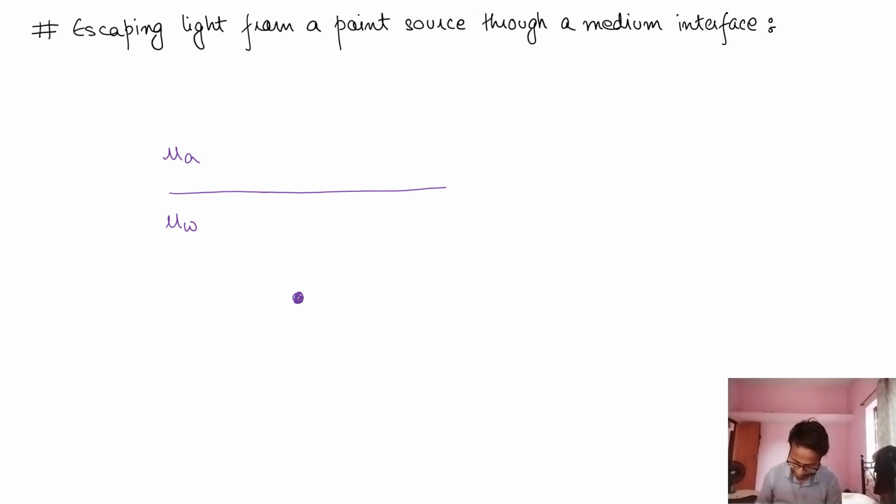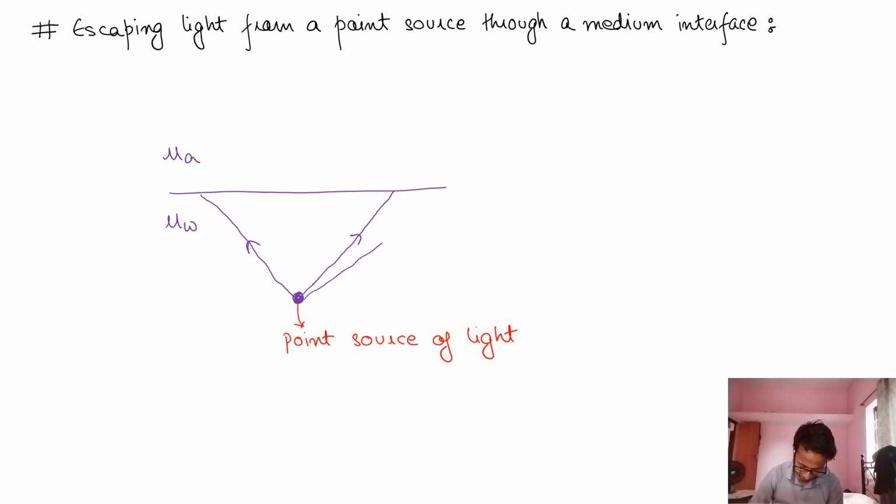A point source of light means the rays will travel in all directions, at all angles of incidence. A light ray will travel out here, another out here, and so on.